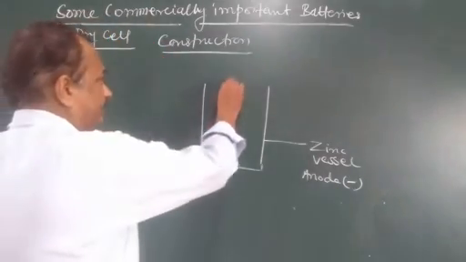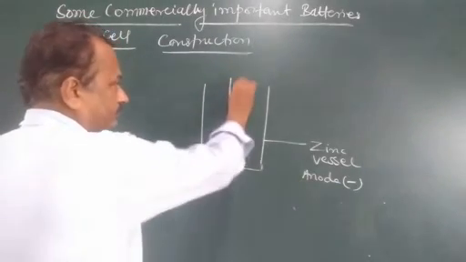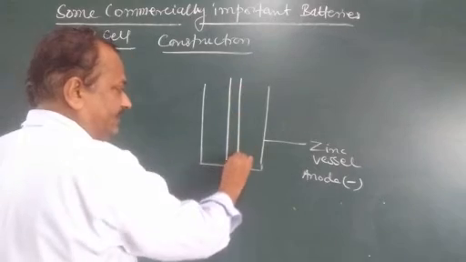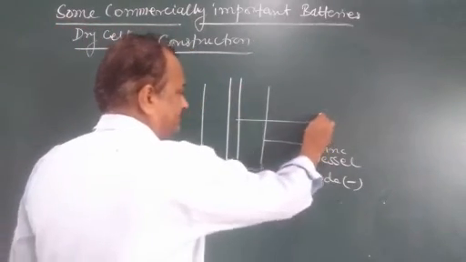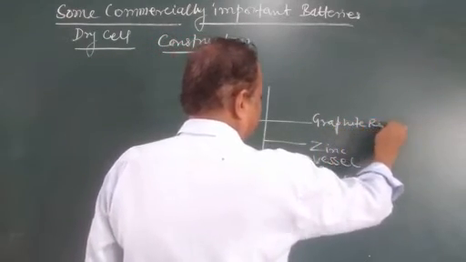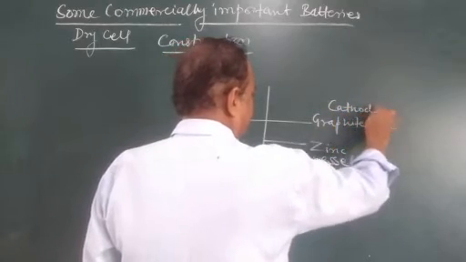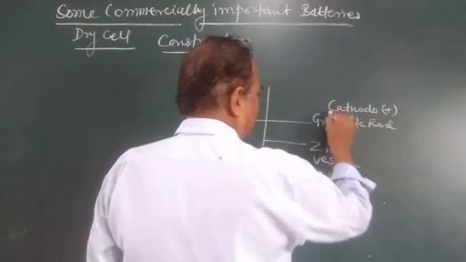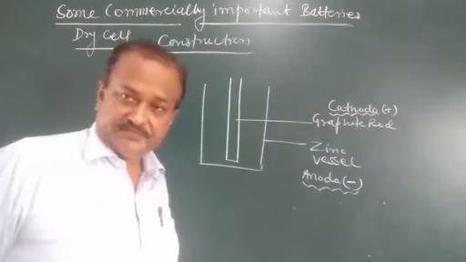Now in the center, there is a graphite rod, and this graphite rod acts as the cathode or positive.